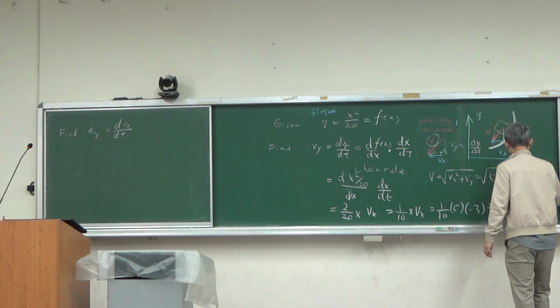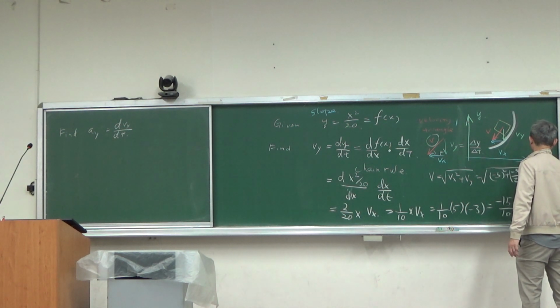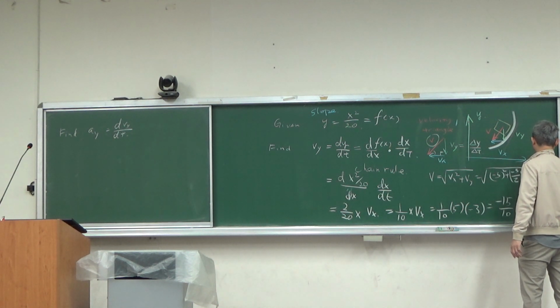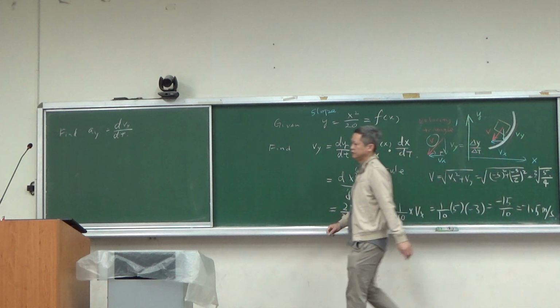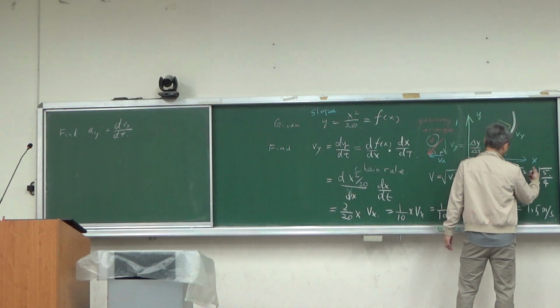So in the end, what do you have? You have 3 times the square root of 5 over 4. No, is it 5 over 4? No, this is 3 all taken here.